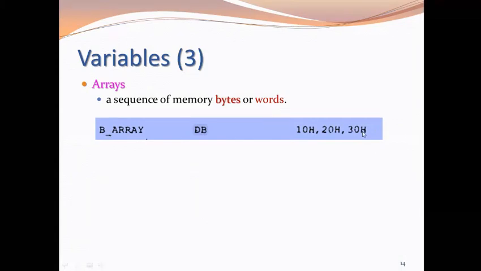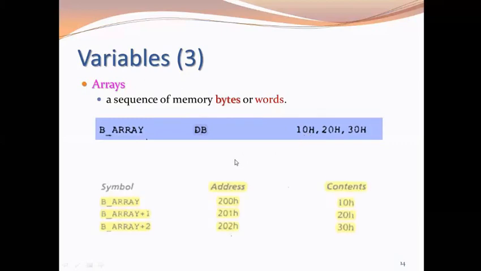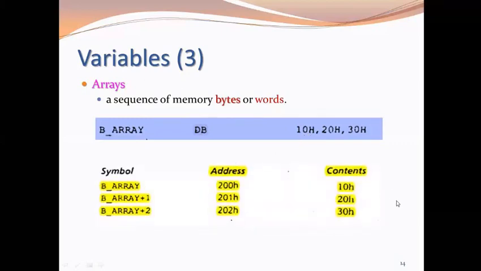Is that clear? This is the internal picture. Usually as a programmer we don't see it, but as a student of CSE we understand what the internal scenario is when you are declaring an integer type array whose size is 3. Does it make sense? So where can we see the sequence?